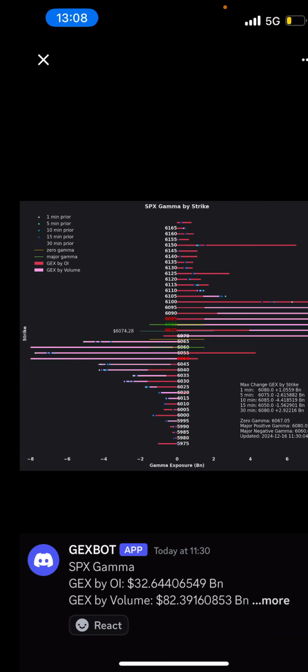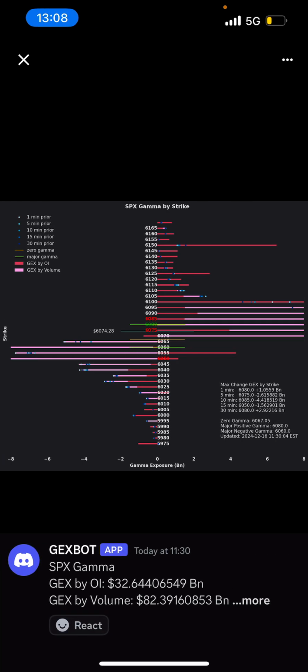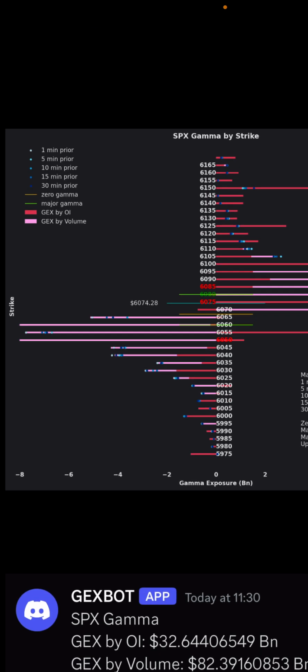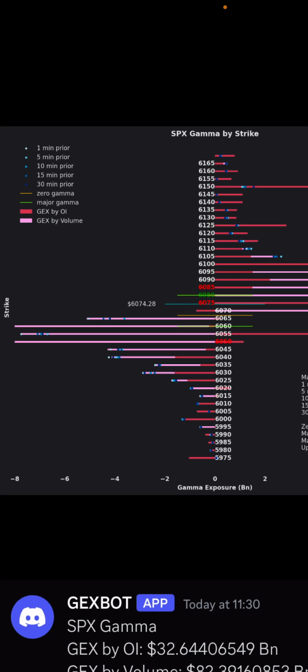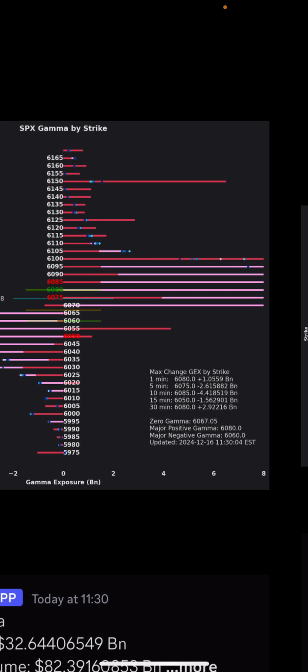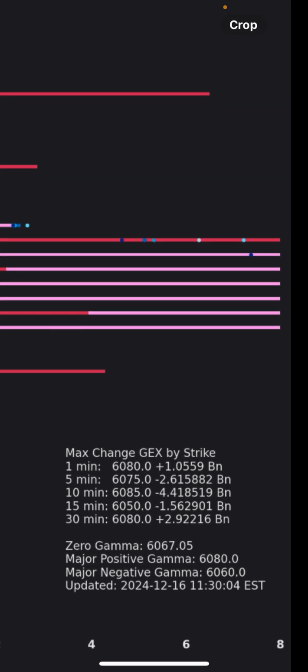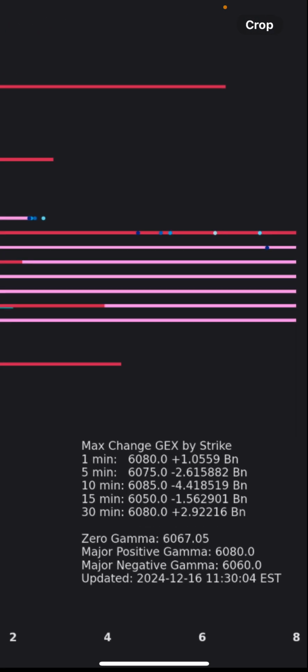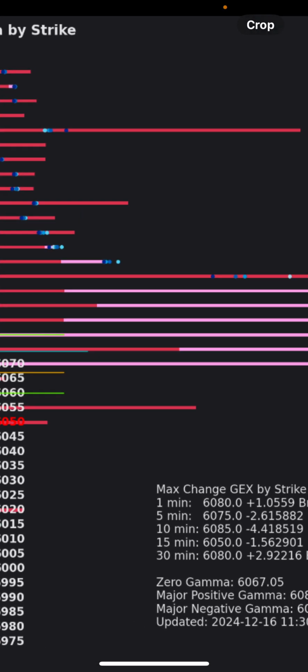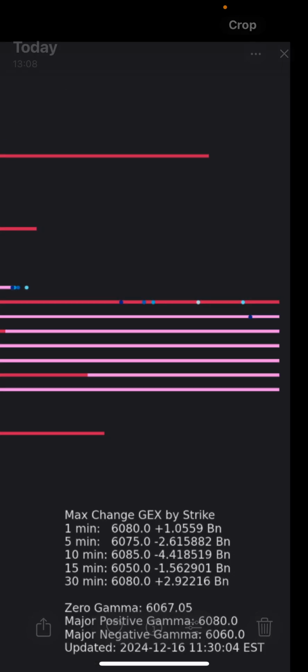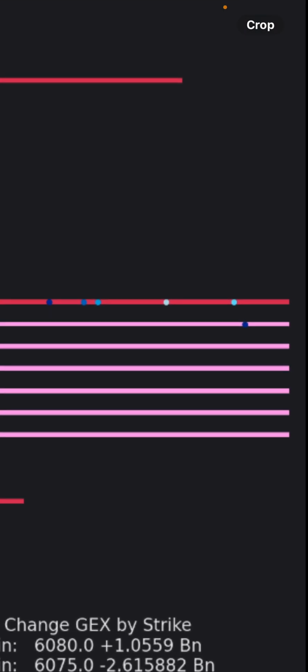Okay. Here we are at 11:30. So a little bit more exposure down below. Again, still a lot more up above though. In fact, now there's 8 billion in exposure on the 6095s, and 6100 has been getting some interest as well.